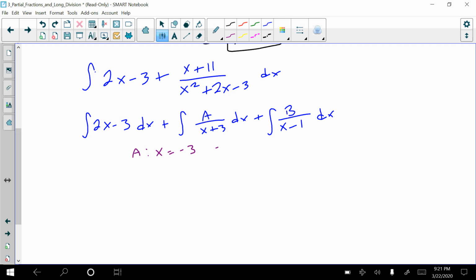So that'll be negative 3 plus 11 over, and we look at the second denominator, negative 3 minus 1. So that'll be negative 8 over negative 4, which would be negative 2. So that's what goes here for A.